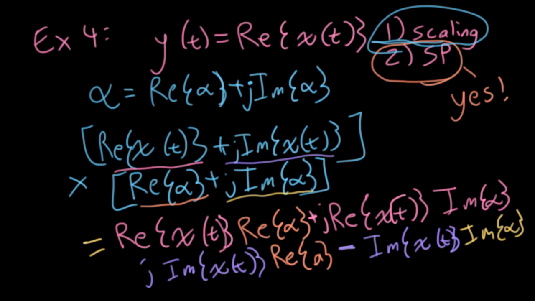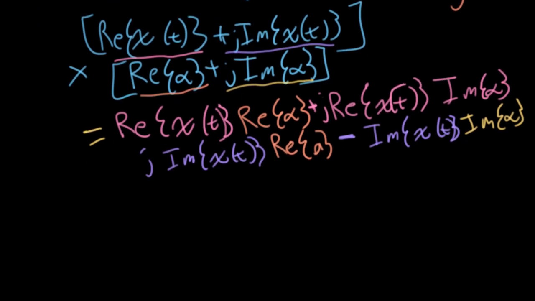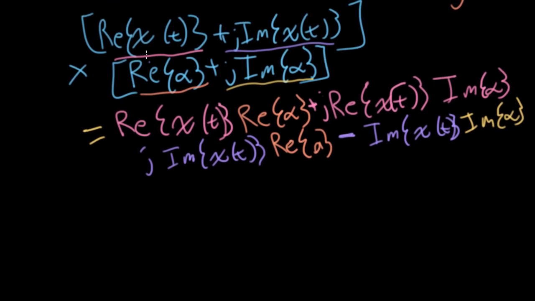Okay, that was a lot of work. All I've done here is the multiplication of alpha times x of t. That's all this really is. Now, I need to take the real part of it. So when I take the real part of it, I'm left with the real part of x of t times the real part of alpha.